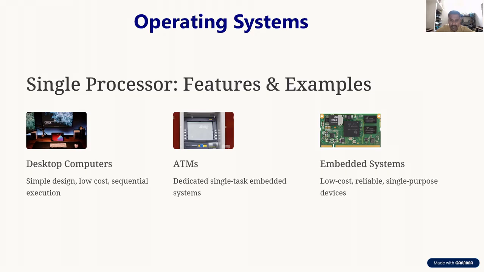In symmetric multiprocessing, all CPUs are equal and share memory. In asymmetric multiprocessing, one CPU controls the others. The advantages include high speed, better performance, and high reliability. This can be compared to multiple people working together at the same time to complete a task faster.